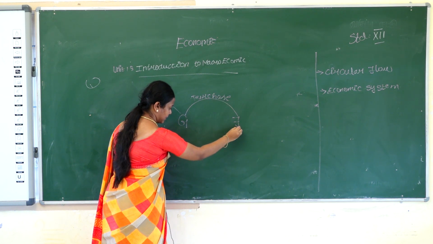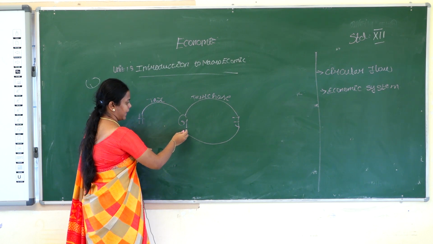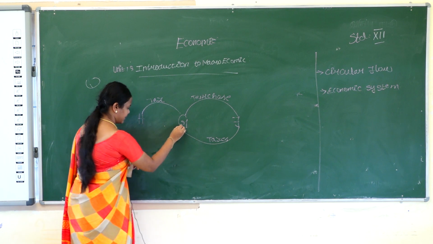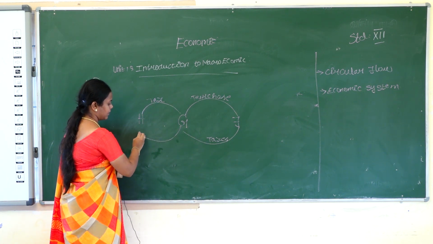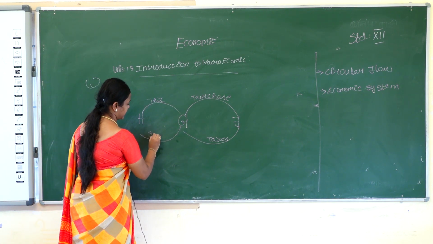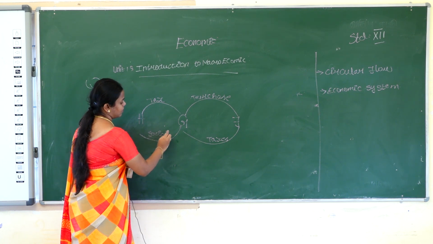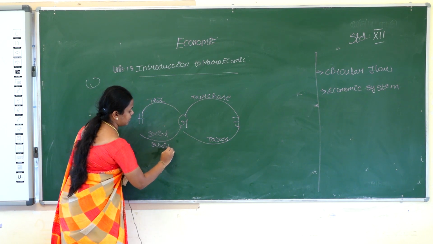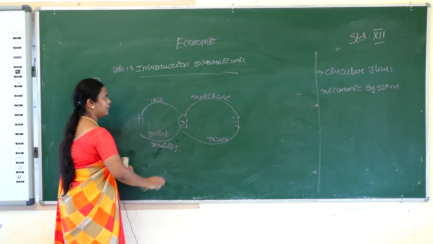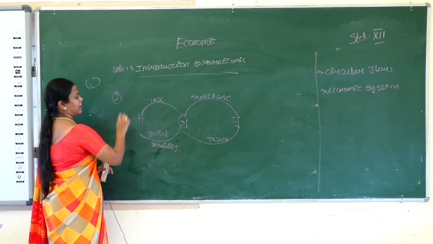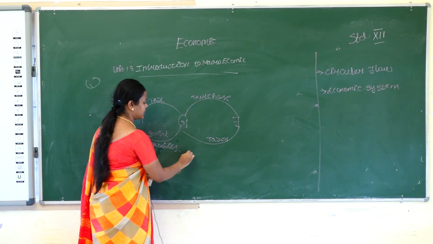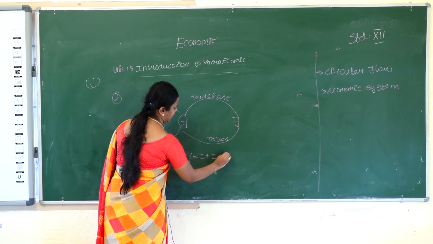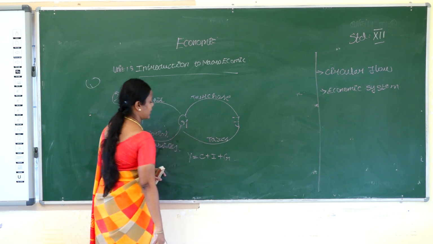As well as the firm will pay taxes and the government will give social subsidies. Social subsidies to whom? Household. This is the second case. In this, the equation is y is equal to c plus I plus g.